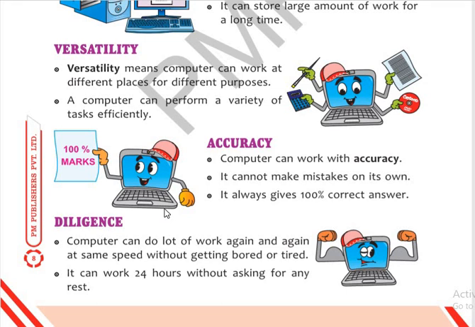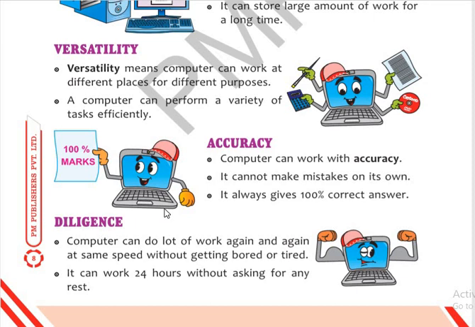And the last, that is diligence. A computer can do a lot of work again and again at the same speed without getting bored or tired. Let's take a human example. If a human gets the same work now and then, we get bored, but not the computer. If you give a command to the computer to play music for 10 hours, then the computer won't get bored or tired.